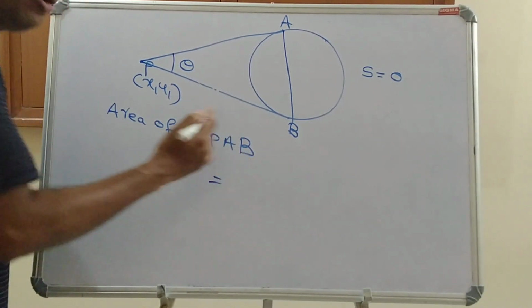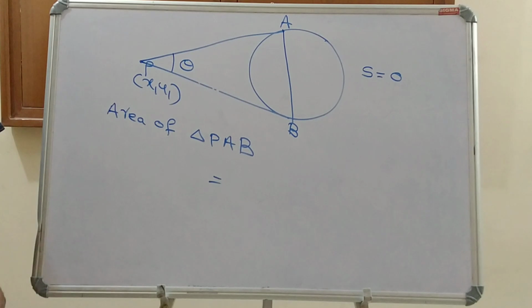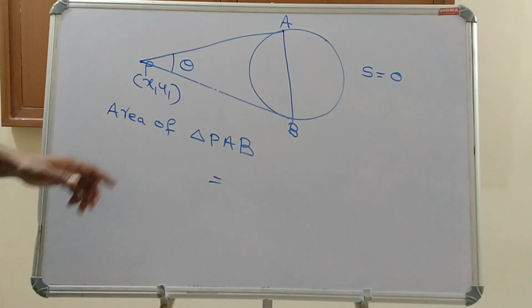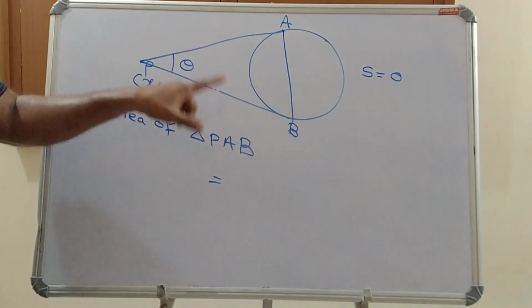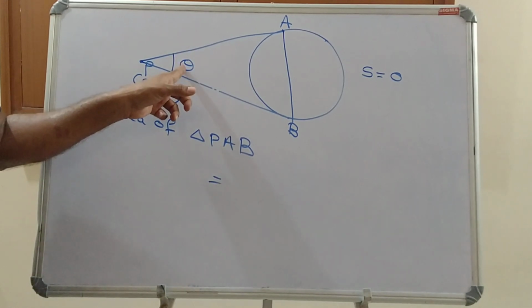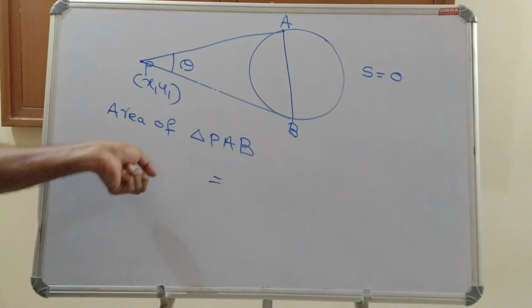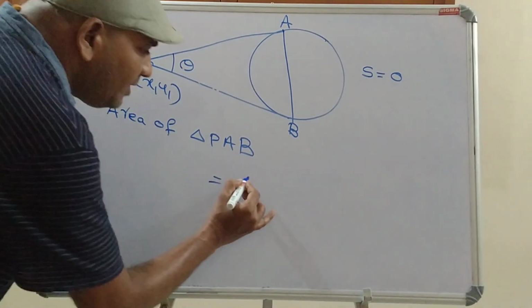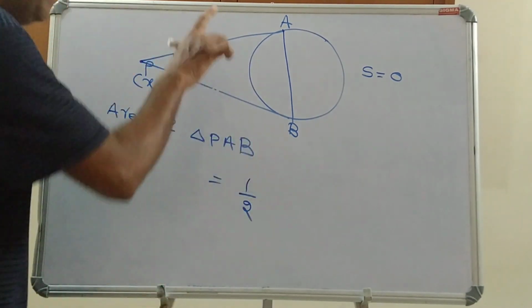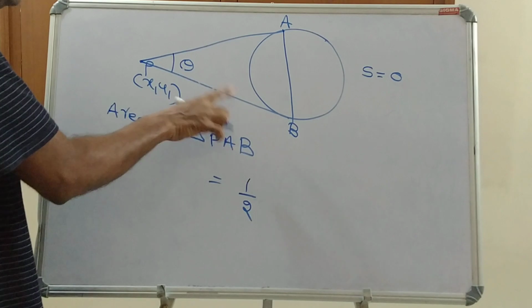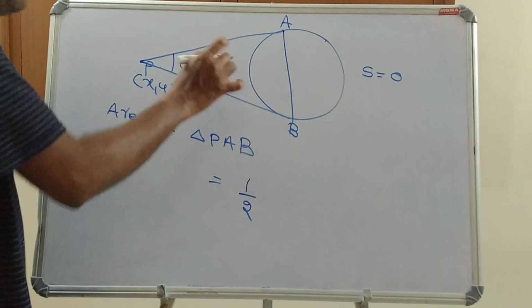We know that the area of a triangle, delta, equals half into PA into PB into sin theta.